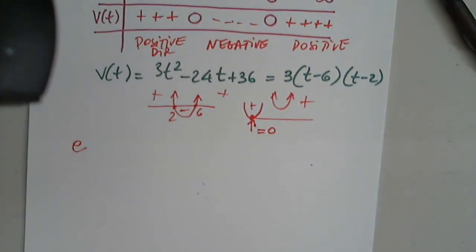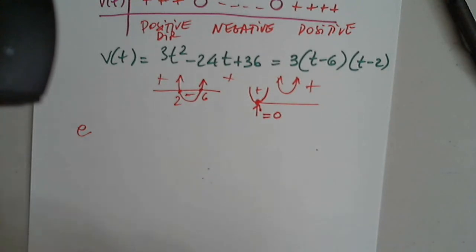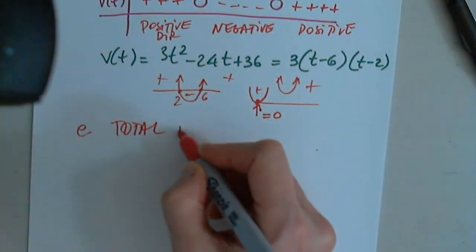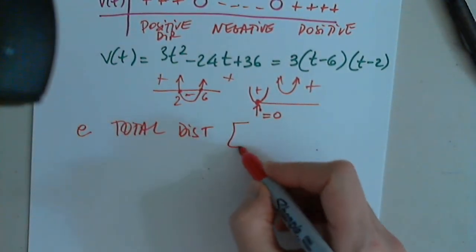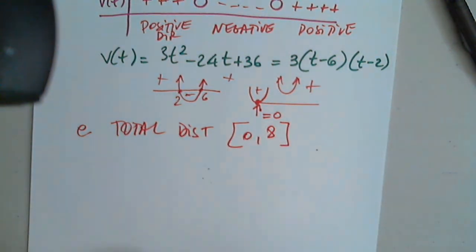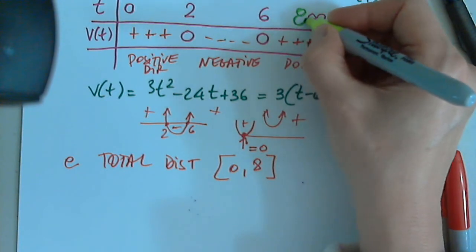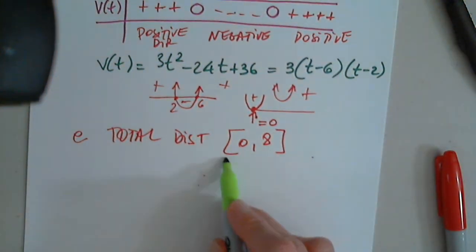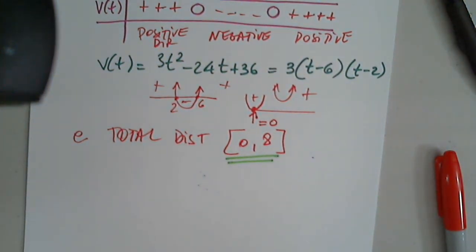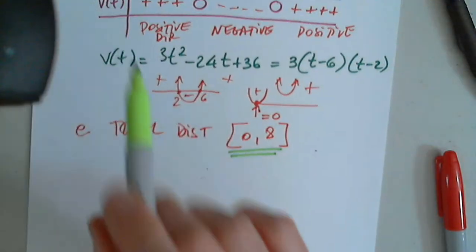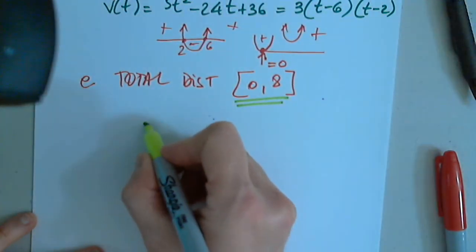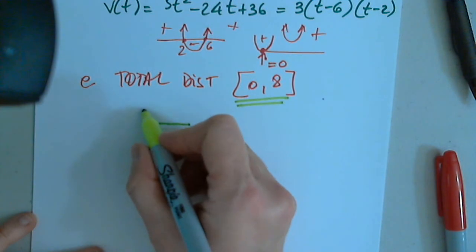Find the total distance traveled during the first 8 seconds. Total distance between 0 and 8. So notice now that I can go back to my table and say, I really don't want infinity. I'm just going to put 8 here, because this is what I'm given in the next question. So I'm interested in the particle going this way for 2 seconds.